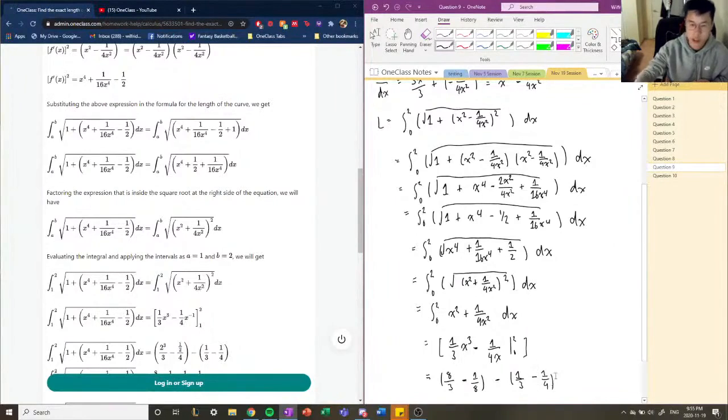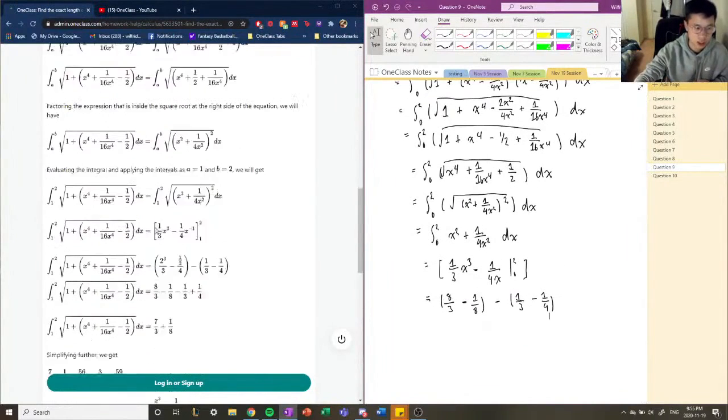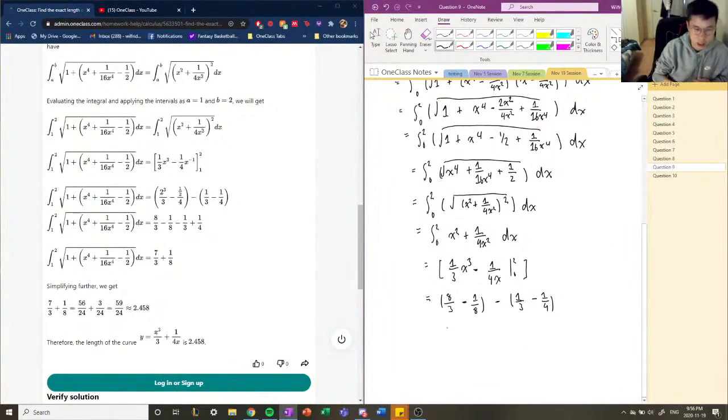We're just going to simplify these fractions, so we get 7 over 3 plus 2 over 8, so plus 1 over 8. And that equals 56 plus 3, so 59 over 24.